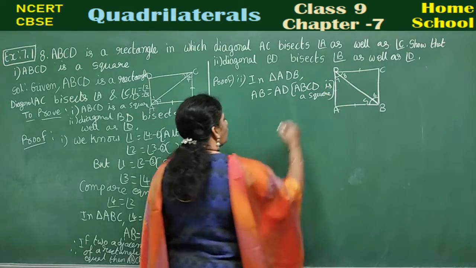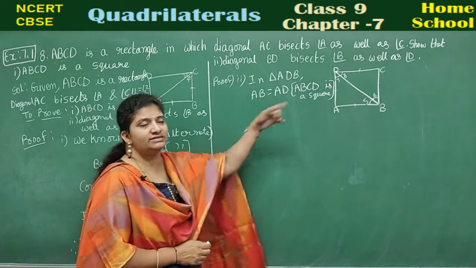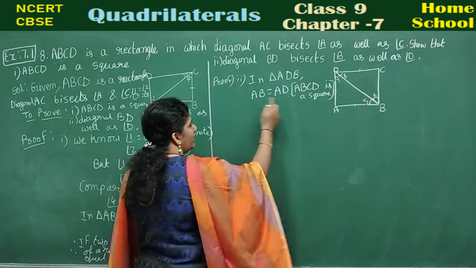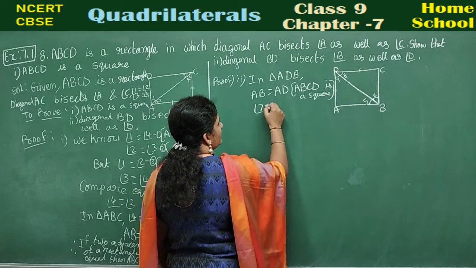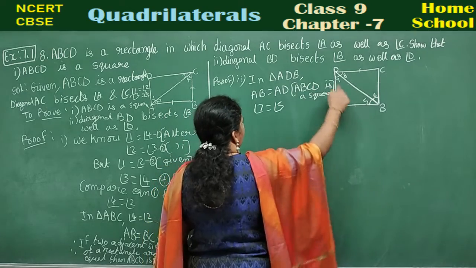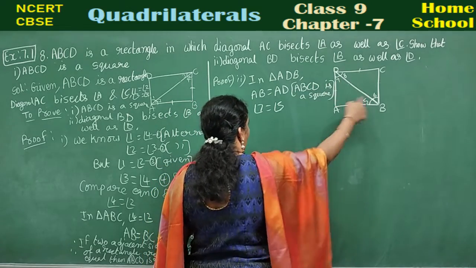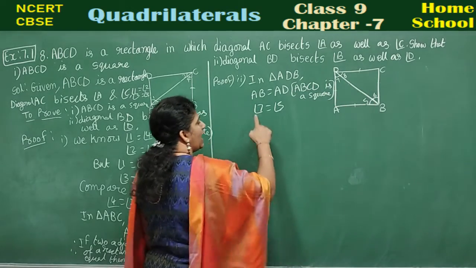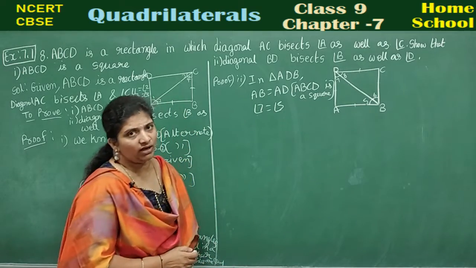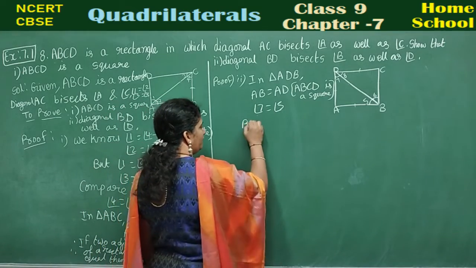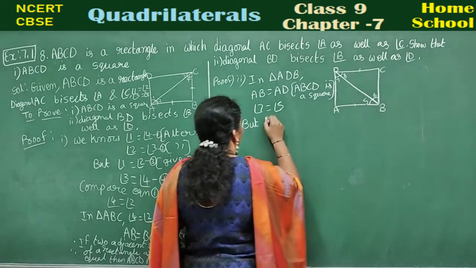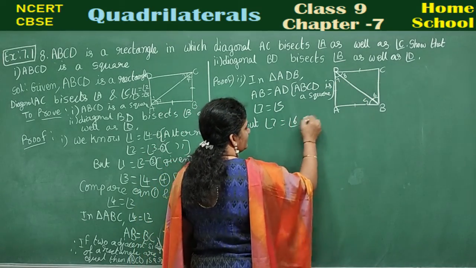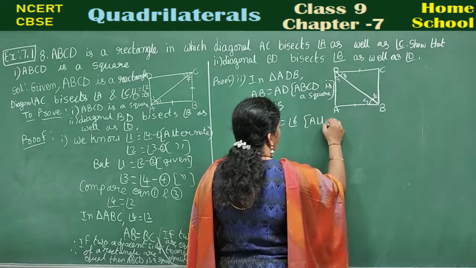Therefore, adjacent sides are equal. If these sides are equal, their opposite angles are equal. AB's opposite angle is angle 7. AD's opposite angle is angle 5. Angle 7 is equal to angle 5. But what do you know? Angle 7 is equal to angle 6. What is the reason?